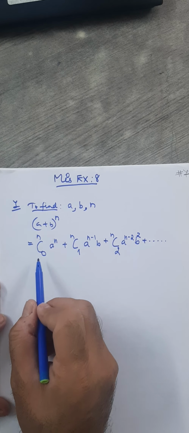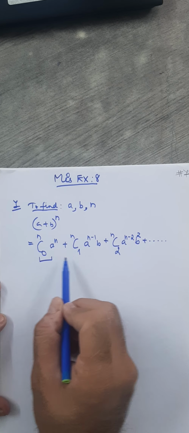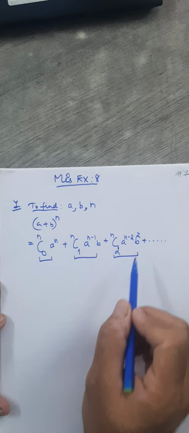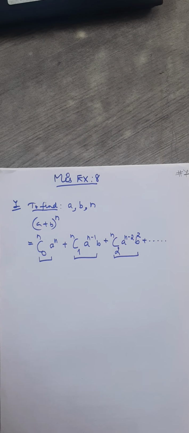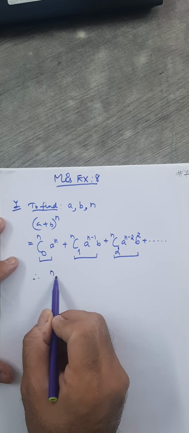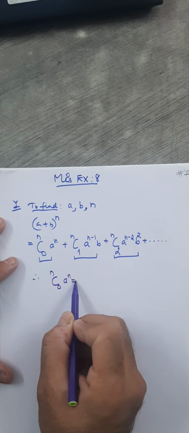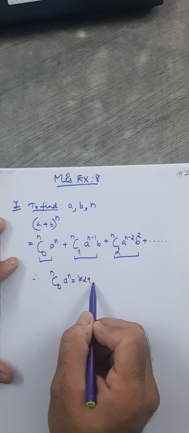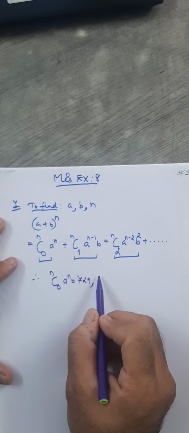If you want, you can write. You are given the first 3 terms. You are given this, this and this, remember. So therefore we have nC0 into a raised to n equals 729.